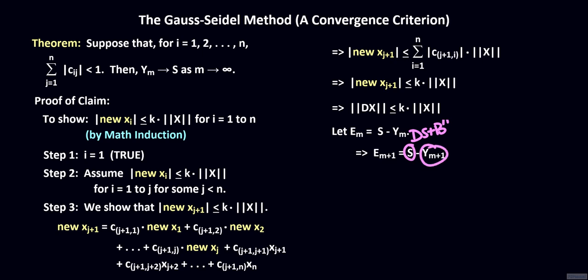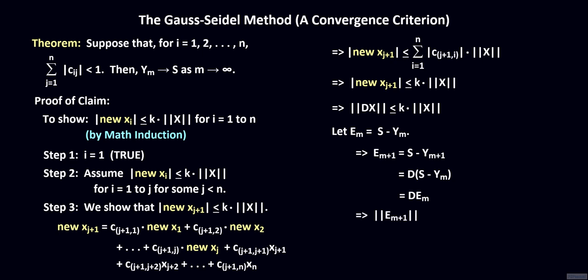Y sub m plus 1 is D times y sub m plus B double prime. B double prime, as promised, just cancels out. Hence, E sub m plus 1 equals D times the quantity S minus y sub m, or D times E sub m.